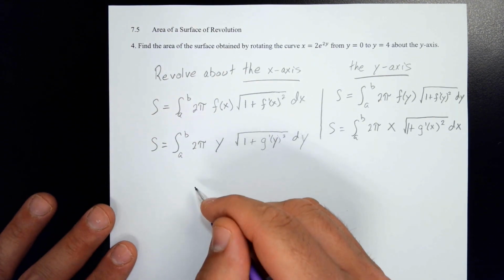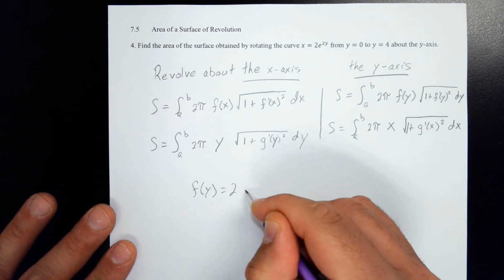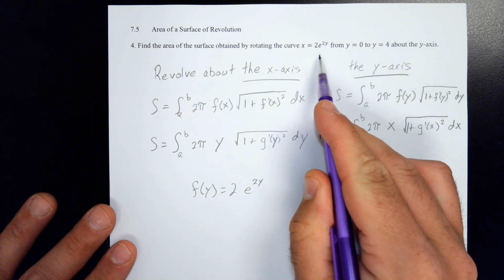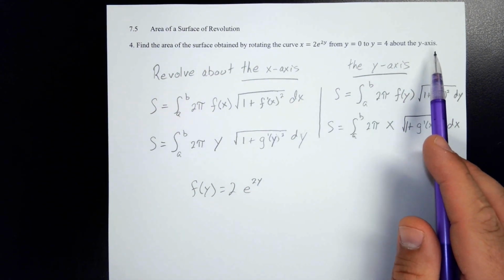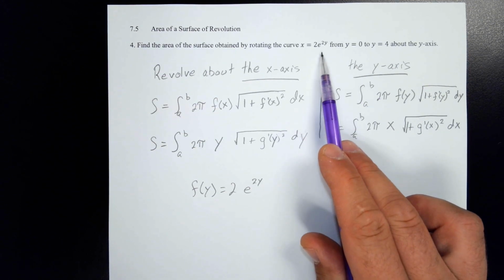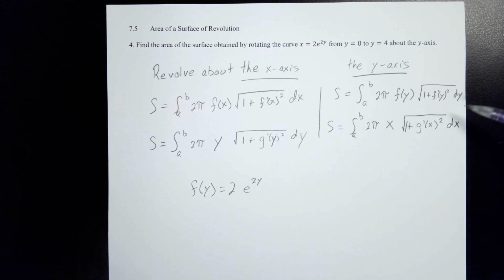Here, our function is f of y equals 2e to the 2y, and we're going from y equals 0 to 4 about the y-axis. So we're given a function in terms of y, and we're revolving about the y-axis. So we should probably use this one right here.